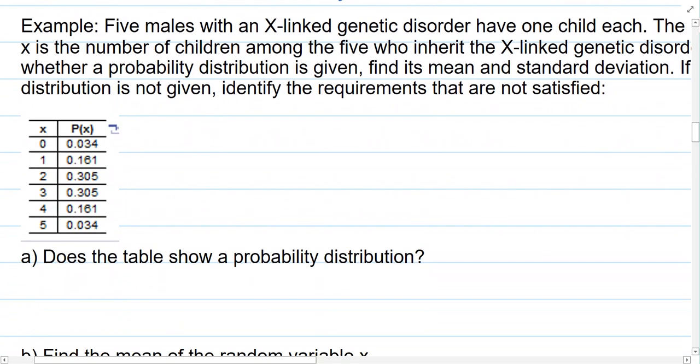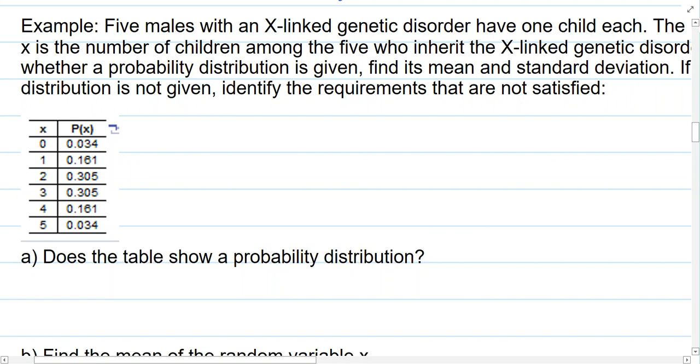Let's look at another example, and this one exposes us to the value of learning what a probability distribution is. Here we have 5 males, notice 0 through 5, with X-linked genetic disorders having 1 child each. X is the number of children among the 5 who inherit the X-linked genetic disorder.